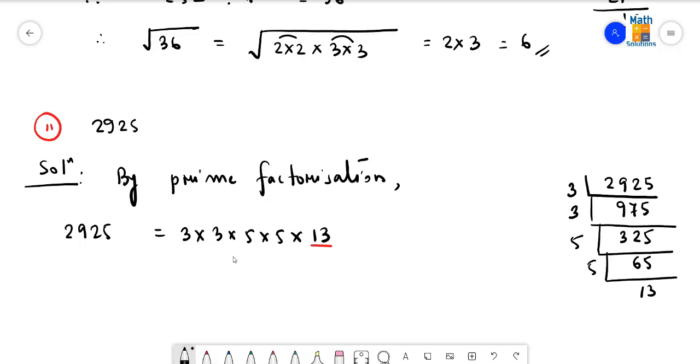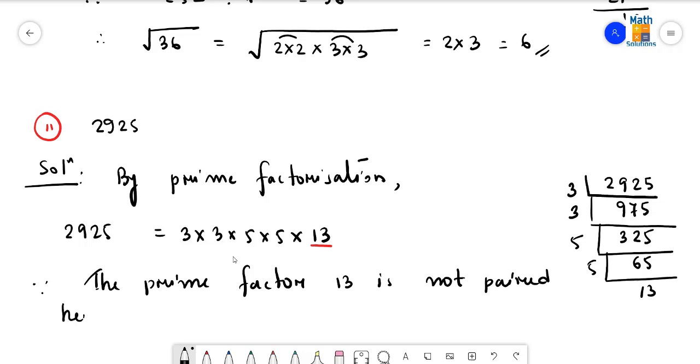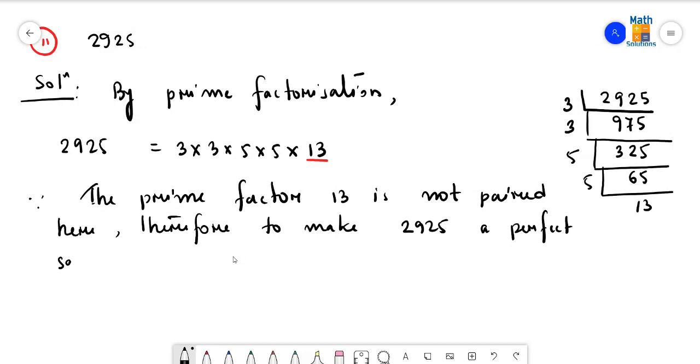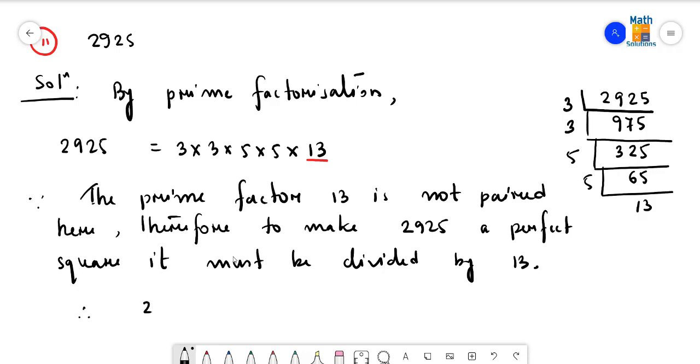Since the prime factor 13 is not paired here, therefore, to make 2925 a perfect square, it must be divided by 13.